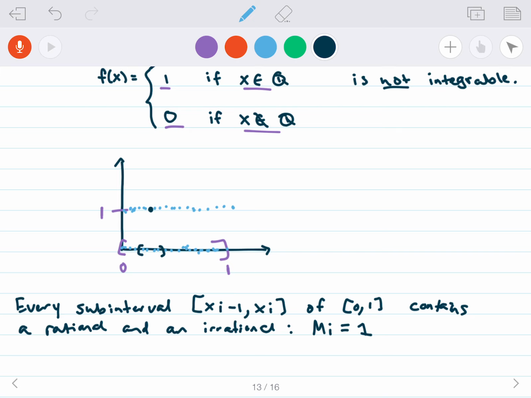So that's going to be the supremum, and the infimum is going to be 0, right? There's going to be some irrational in this interval that corresponds to an output of 0. Okay, so what does that tell us about the upper and lower sums?